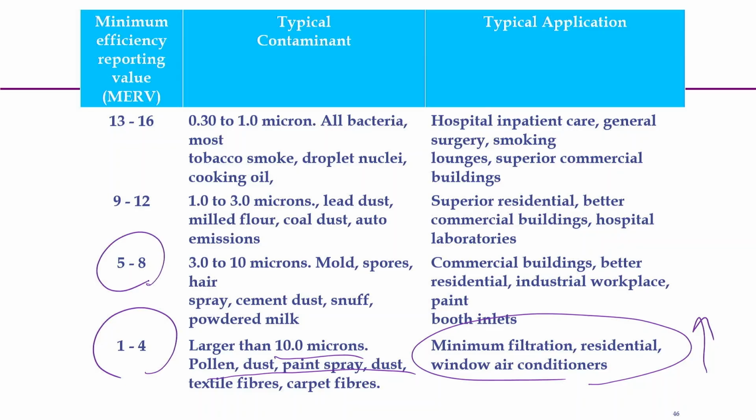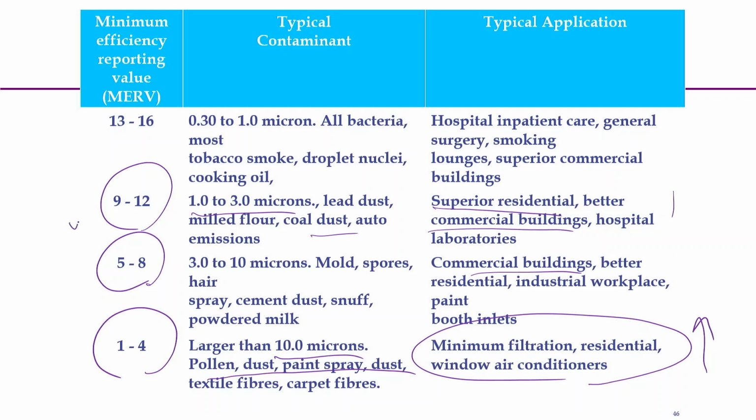5 to 8 is typically for commercial buildings, better residential. 9 to 12 is for finer particles, 1 to 3 microns, like lead dust, coal dust, auto emission. There it is used in superior residential buildings, better commercial, vehicle, hospital and laboratory.